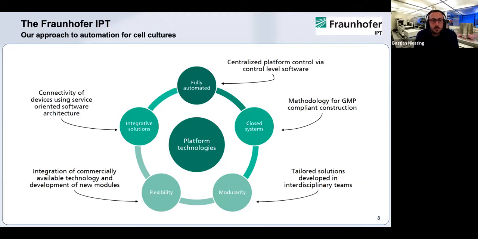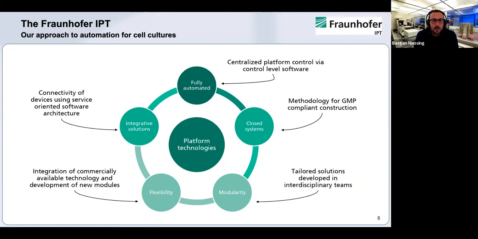We need fully integrated solutions, because otherwise, if we don't have a completely closed system, it is not GMP compliant. And because we produce the cells under GMP conditions, we need a completely closed system.